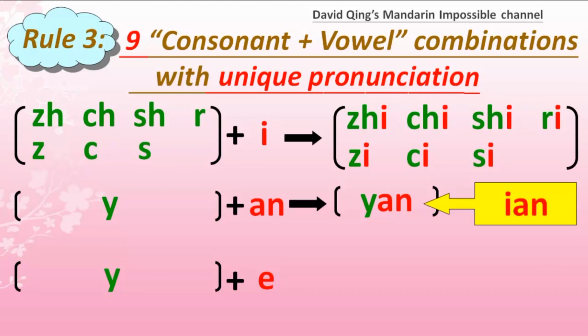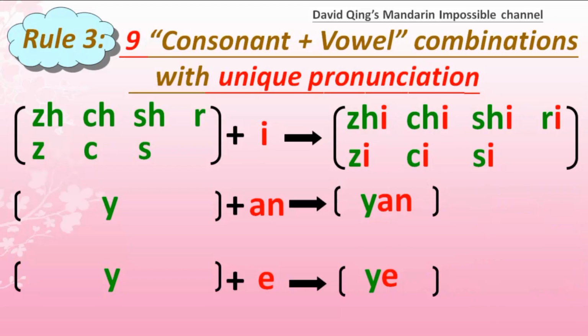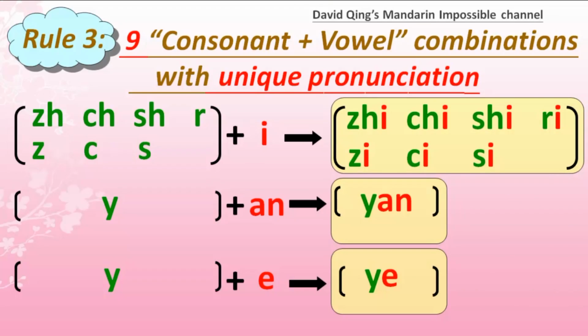It is not pronounced ye. It is pronounced ye, ye. The pronunciation of ye is just like the vowel symbol you see on the screen. These 9 consonant plus vowel combinations are in the highlighted boxes. You must pay attention to their pronunciations.